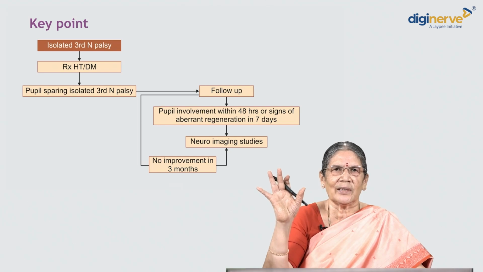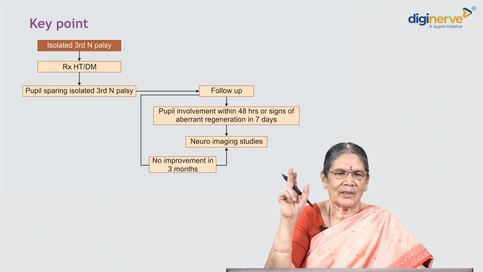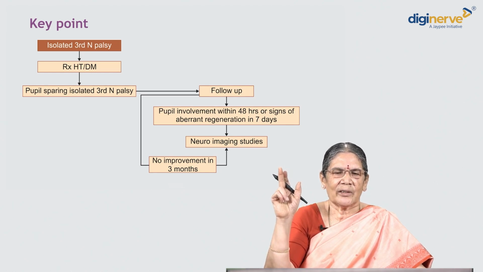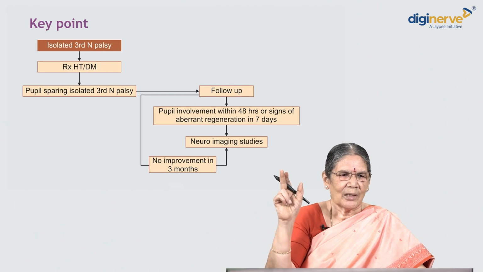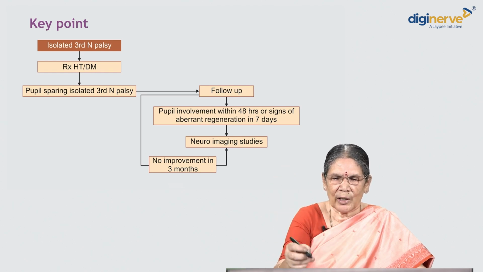Students, now we have come to the end of the management of third nerve palsy, a complete third nerve palsy. The key point here is, you know all the etiology, but often we see the cause as a vascular pathology due to diabetes or hypertension. So, when you have an isolated third nerve palsy, look for and treat hypertension and diabetes. Do not stop with that, you have to follow up.